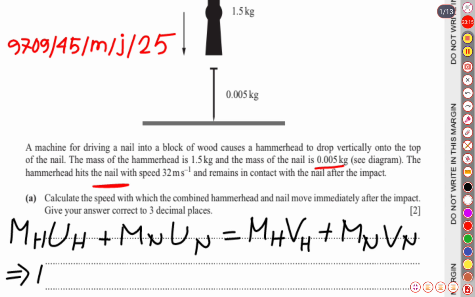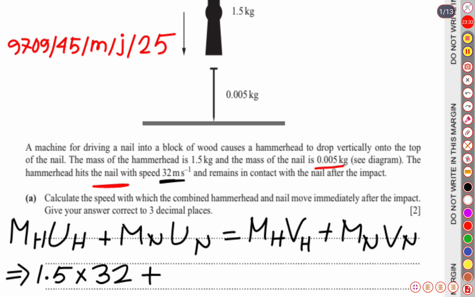1.5, and initial velocity of hammerhead is given as 32 meter per second, plus nail. About the nail, it was actually at rest.